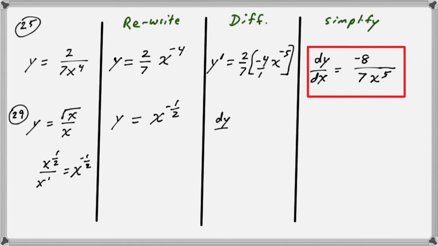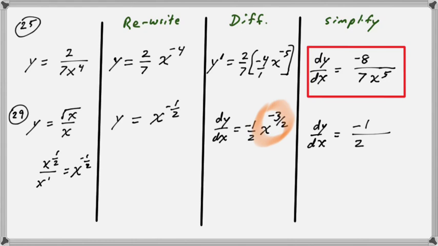And then if you wanted to find the derivative, you could do power times base to the 1 less power. 1/2 less than negative 1/2 is negative 3/2. Please watch how to rewrite this. I write the negative 1/2. This means it goes where? A negative exponent means it goes on the other side of the fraction, in this case the denominator. Anyway, I hope these help. Bring in questions if you have any.